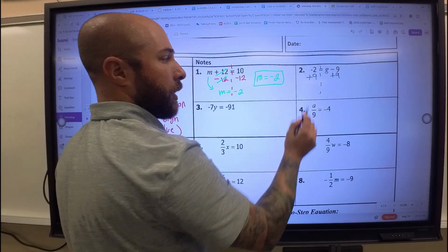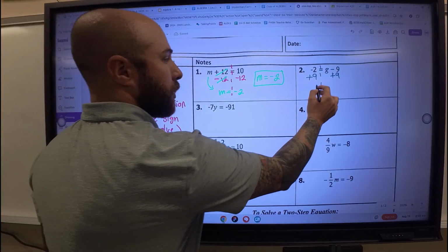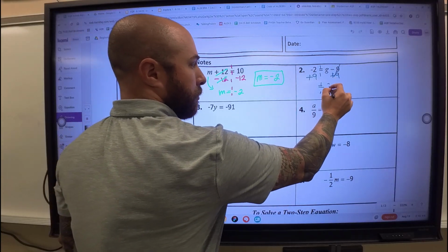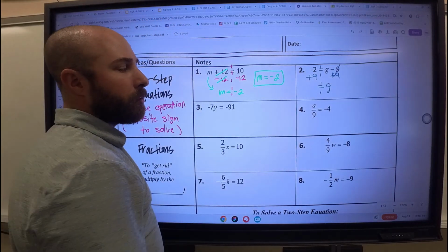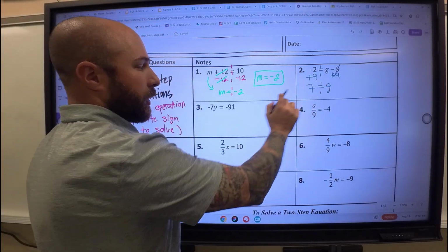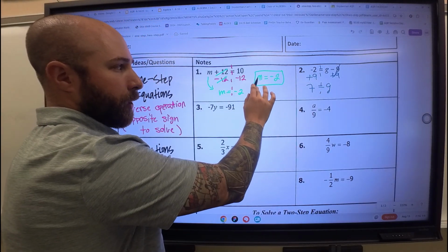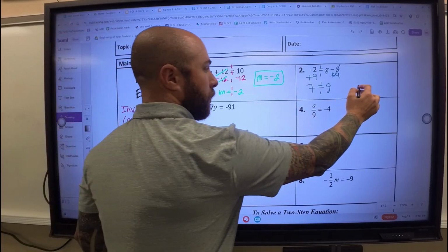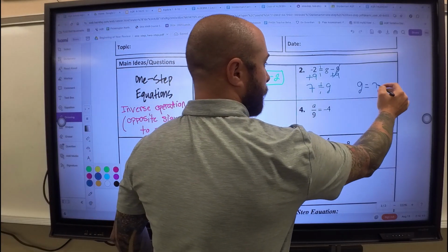And we have to add 9 on both sides. The 9's cancel because it becomes 0, leaves us with a g on the right. Negative 2 plus 9 leaves us with 7. And like I said over here, we want variable equals number, not number equals variable. So we're going to write this as g equals 7.